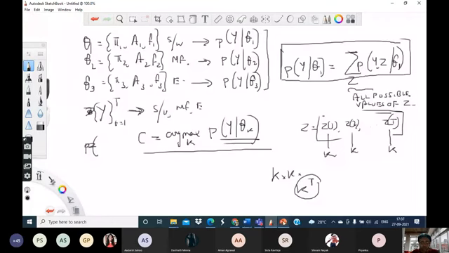Sir, I have a question. Yeah, please. Sir, how do we comprehend the distribution of Z in the first place using the Baum-Welch algorithm? So first of all you have to formulate this kind of a distribution, that is, you have to decide how many values Z can take.